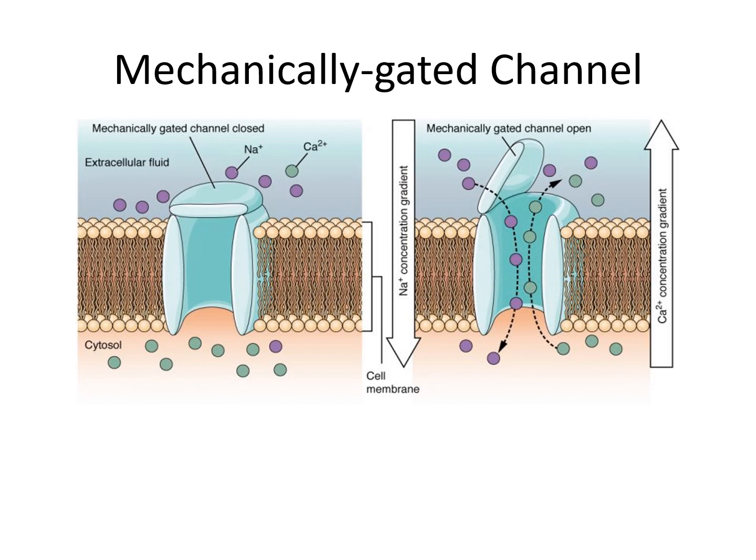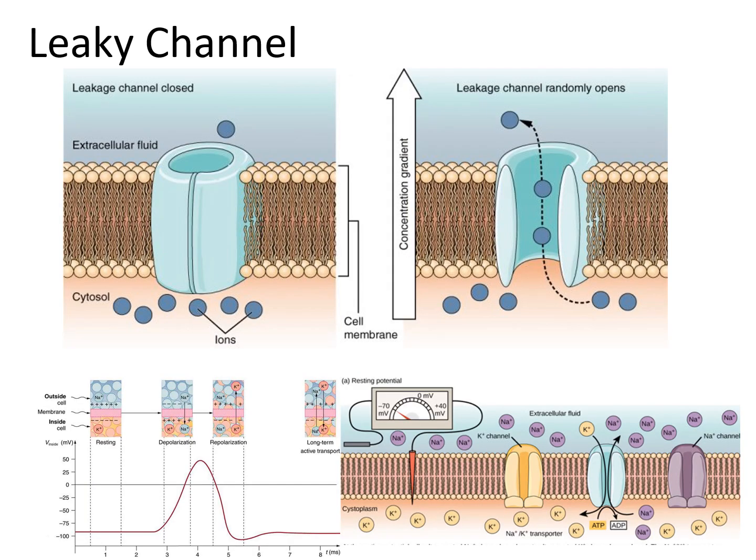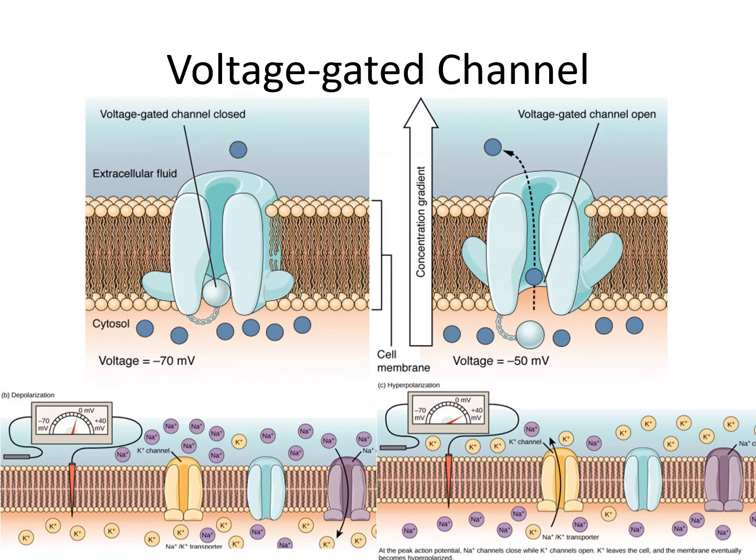The mechanically gated channels open under the influence of certain stimuli, and the leaky channels, like the sodium potassium leaky channels, remain always open, and they help neurons maintain their resting membrane potential. However, the voltage-gated ion channels open at a certain threshold of voltage, like when membrane voltage becomes minus 50 mV, they become open.